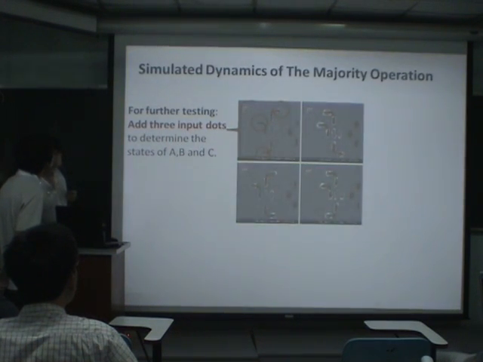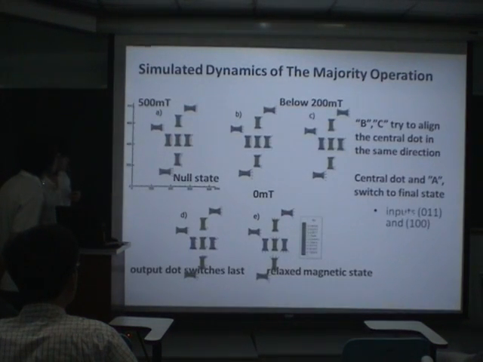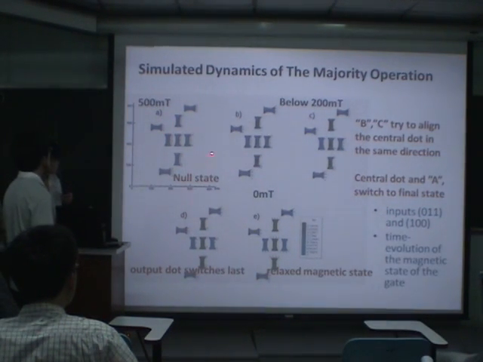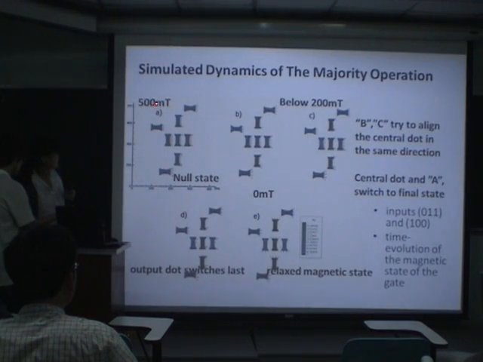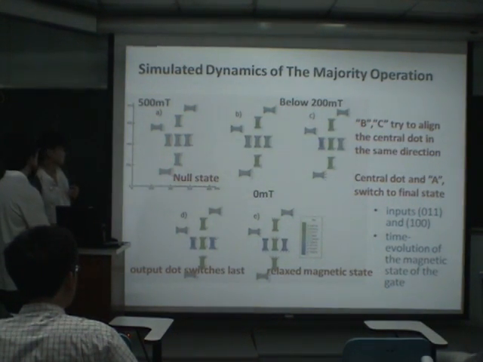And next we see the simulated dynamics of the majority operation. First, we have the inputs 011 and 100. And then the picture is a time evolution of the magnetic state of the gate. You can see the field ramps down from 500 millitesla to 0 millitesla. When the field is 500 millitesla, all the magnetizations are in their neutral state.